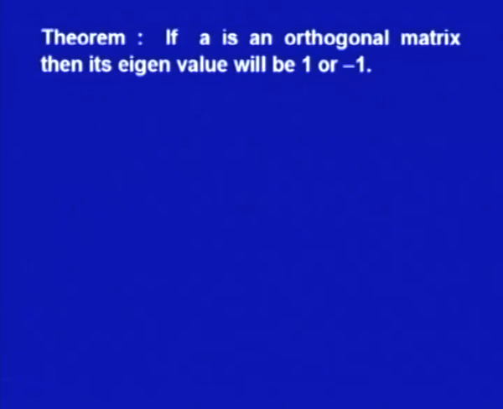Hermitian matrices have real eigenvalues, while skew-Hermitian matrices have purely imaginary eigenvalues. Now we will talk about orthogonal matrices, and we see that an orthogonal matrix has eigenvalues 1 or minus 1. So, let us try to prove this result.